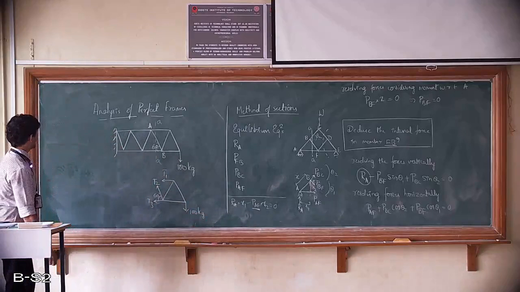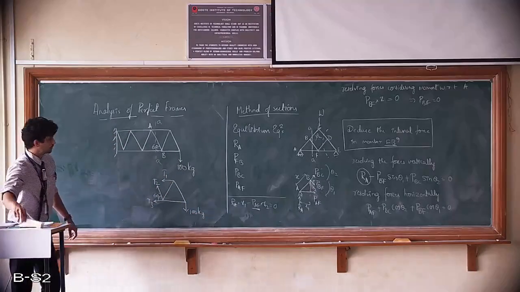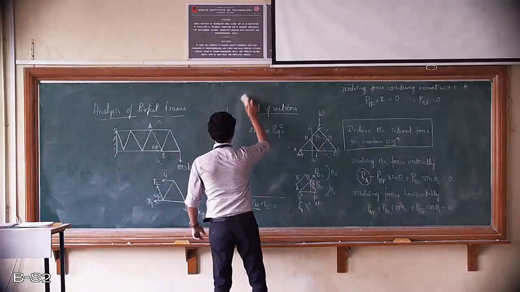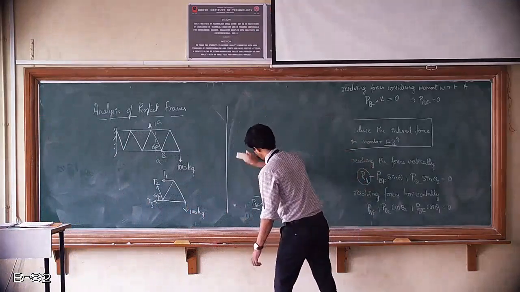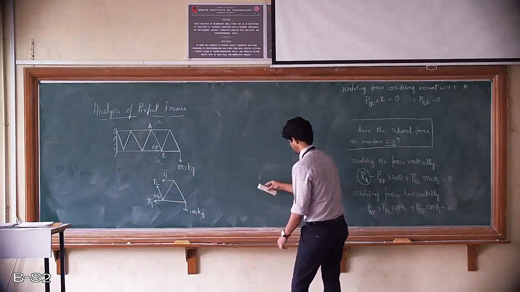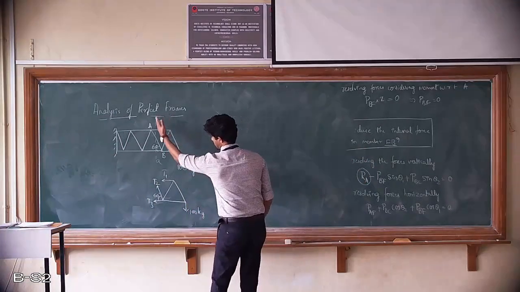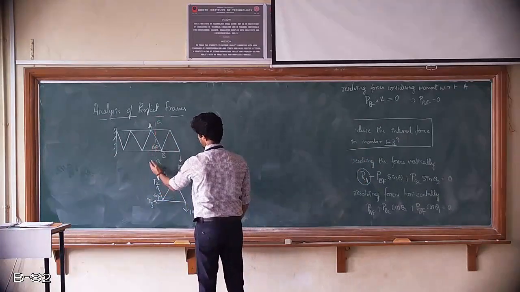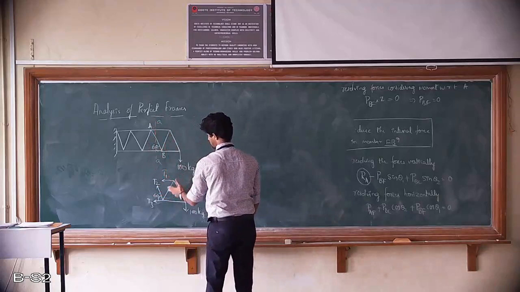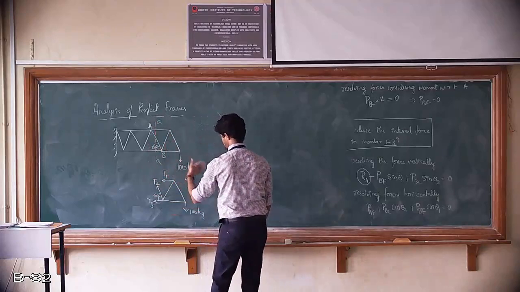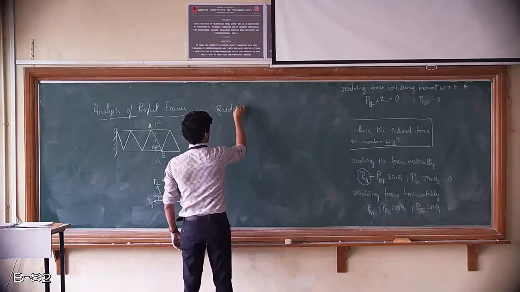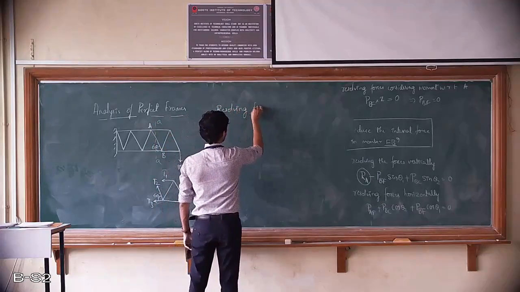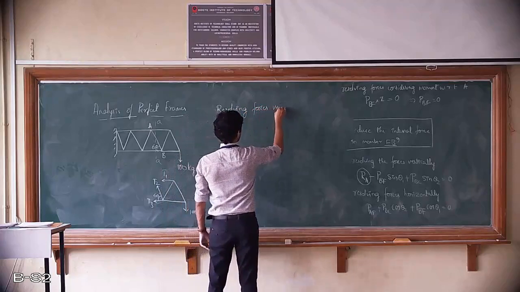Now if I try to solve this problem using method of section, I have considered a section AA, I have considered the right side of the structure, and this is how it appears. Now resolving forces for that particular structure, resolving forces vertically.